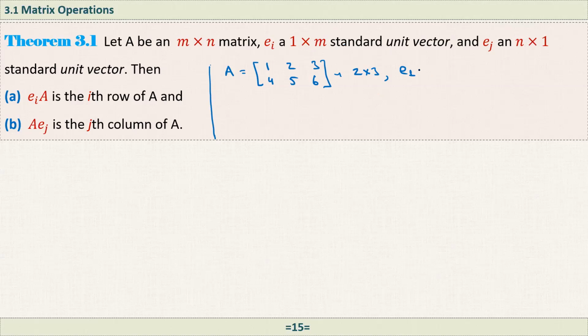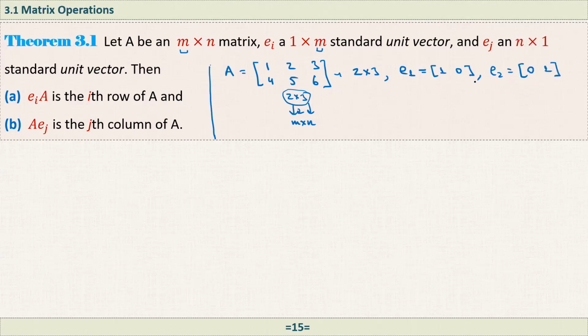E sub 1 means the first component is 1, others are 0. This matrix is M by N, where M is 2 and N equals 3. So E sub i is 1 by 2, a row vector. Here we have 1, 0. And E sub 2 is 0, 1.